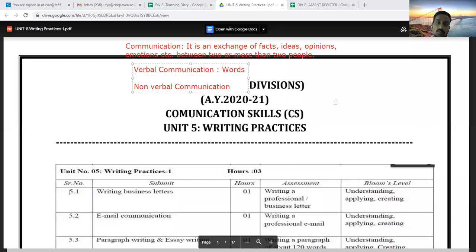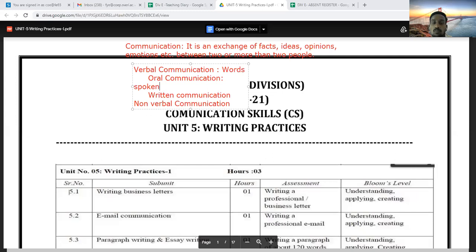Again, verbal communication is classified or divided into two types. The first one is oral communication, and another one is written communication. Now these are very simple. What will be oral communication? Where the words are used in spoken form. In that case, we call it oral communication.